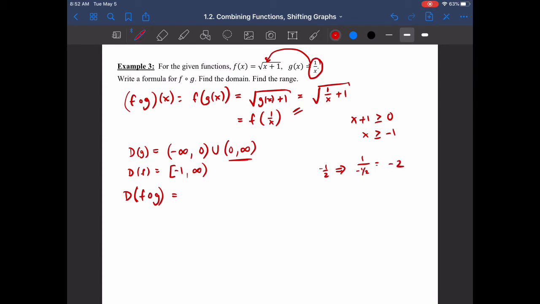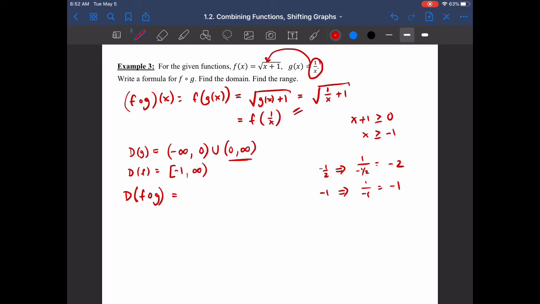And negative 2 is not greater than negative 1. However, if you plug in negative 1, you get 1 over negative 1, which equals negative 1, and negative 1 is greater than or equal to negative 1. So essentially what we have to throw out here is 0, because 0 will not make it through g of x.